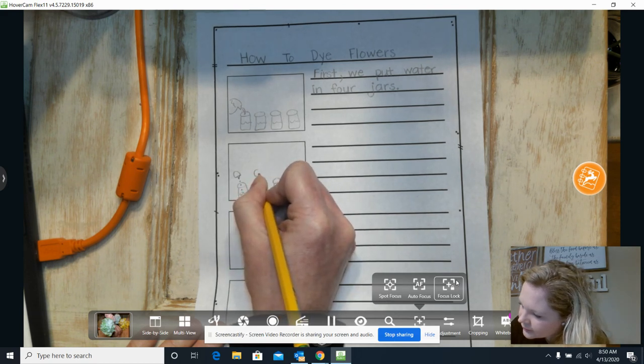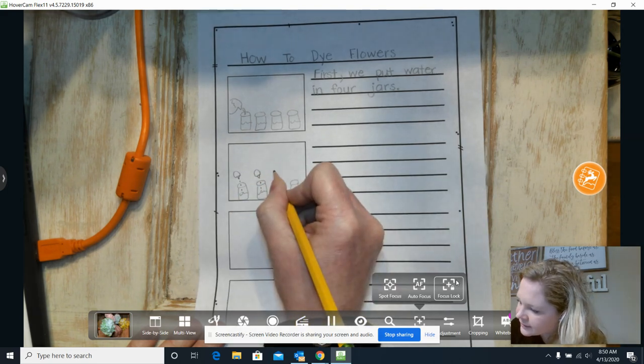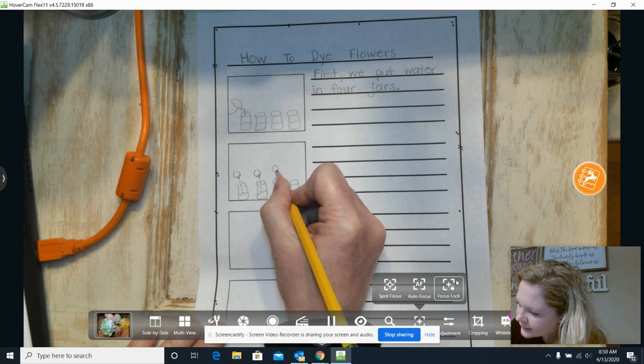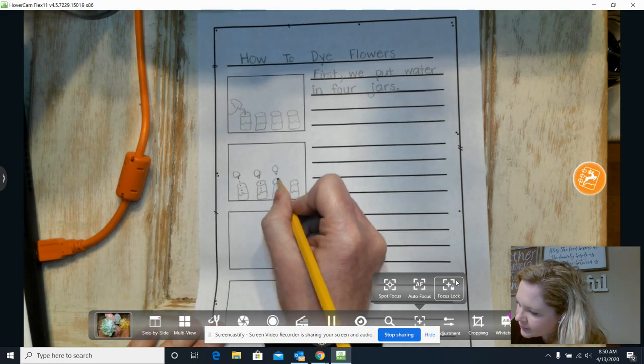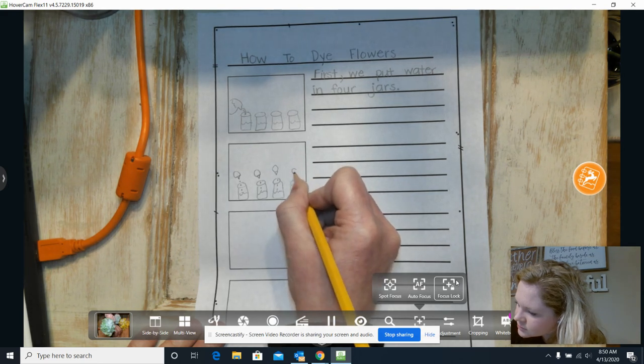Later on, when I color these, I'll need to make sure that they're red, green, yellow, and blue, because those are the colors we used.